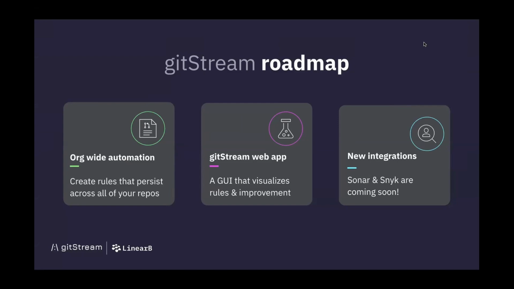Because with gitstream, you can check the file list, but you can also check for specific code changes that matter to your team. And you can apply safeguards that are relevant to your team. You can take it everywhere.